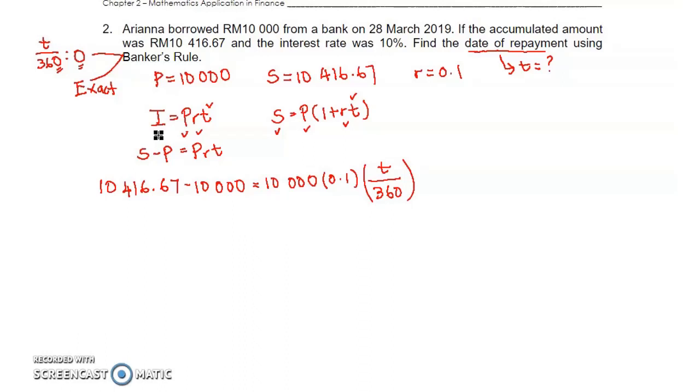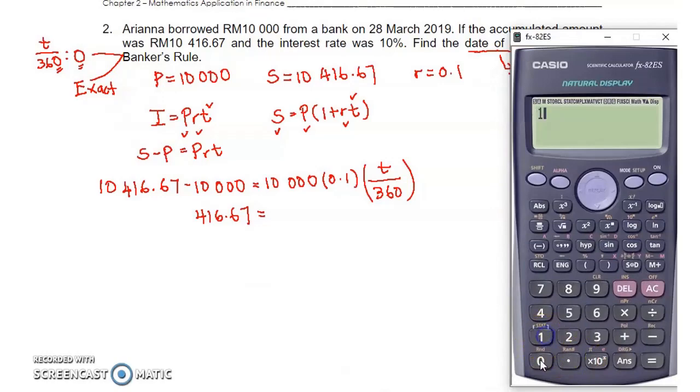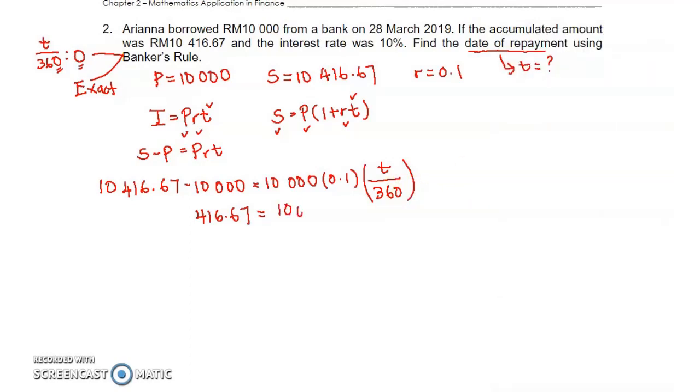So this part, the interest, is 416.67. 10,000 multiplied by 0.1 is 1,000. Then multiply by T, so 1,000 T over 360.